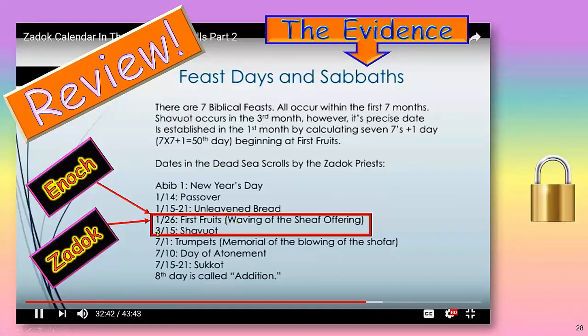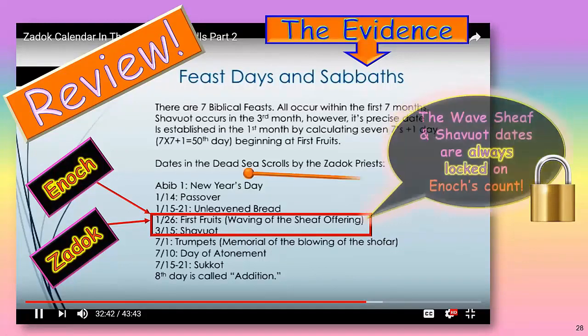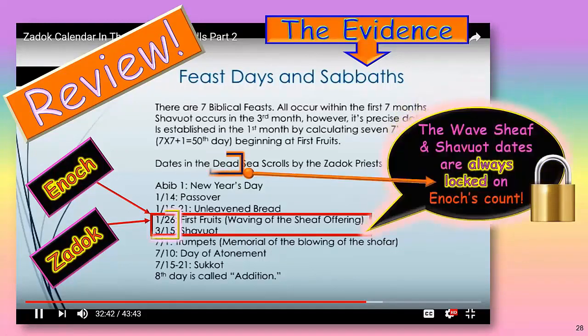And in the 3rd month, on the 15th date of the month, is Shavuot. This is the Zadok and Enoch requirements for their calendar. The wave sheaf and Shavuot dates are always locked on Enoch's count.